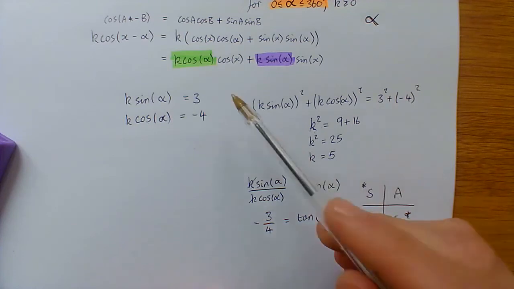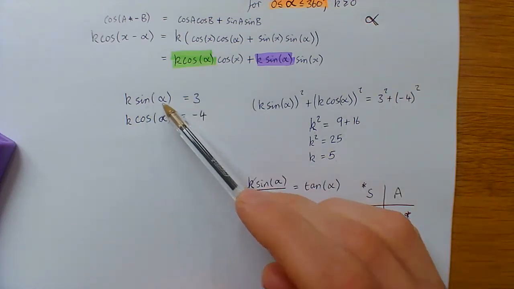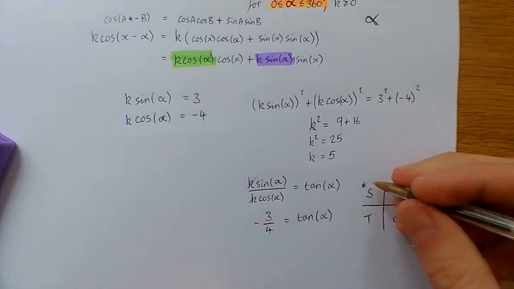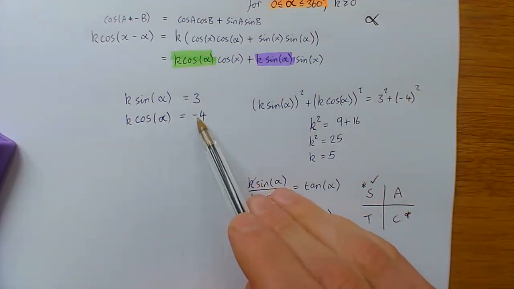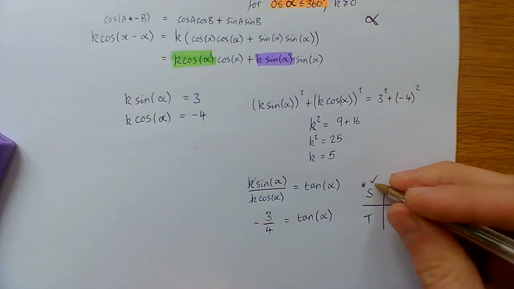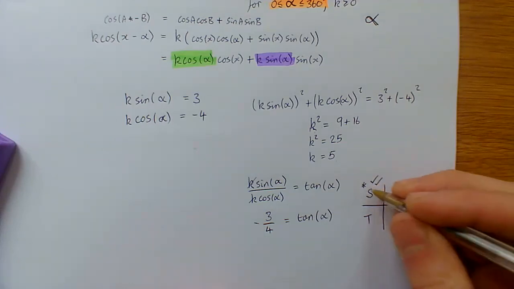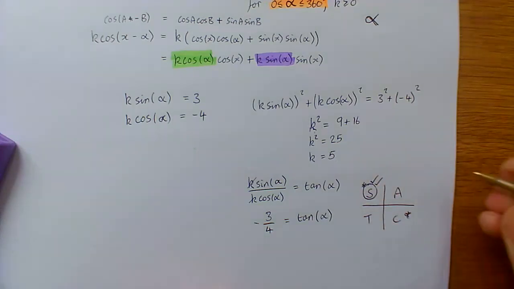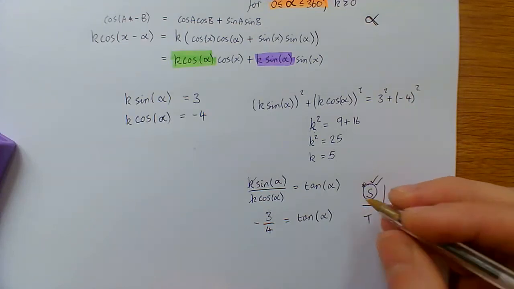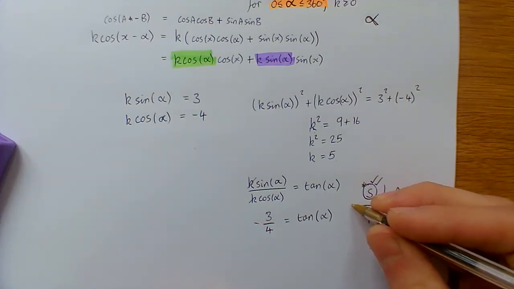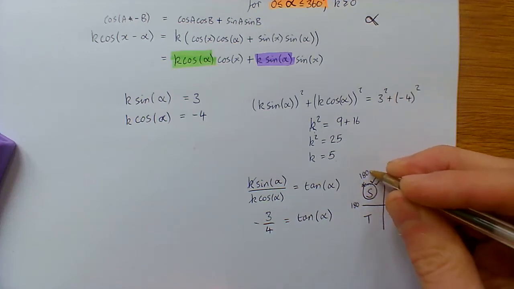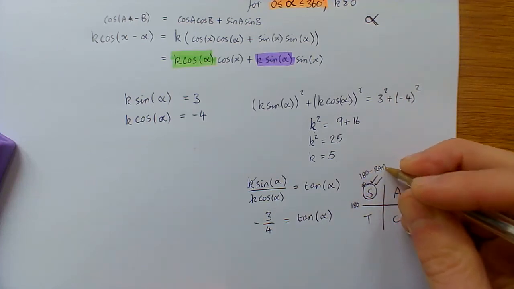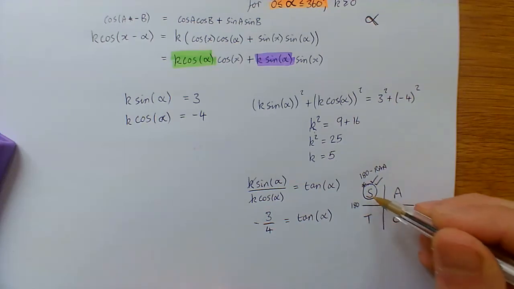Well, going back, we also know that our sine was positive, which is true there, but not true there. And our cos was negative, which is true there, but not true there. So we're up here in this section of the graph. So when we find our relative acute angle, we want to do 180 minus that relative acute angle, and that will get us to this section.